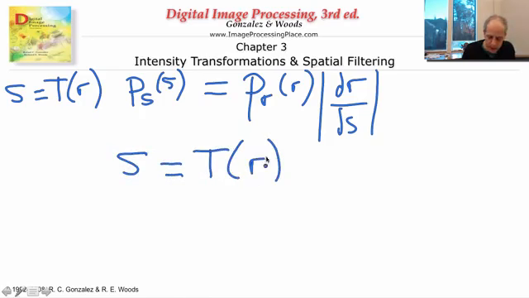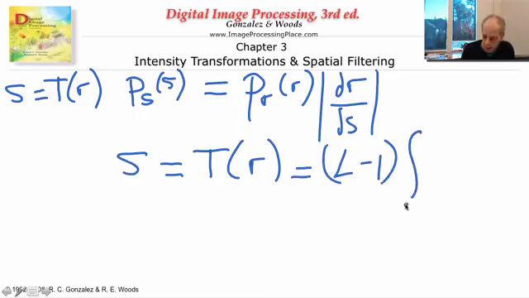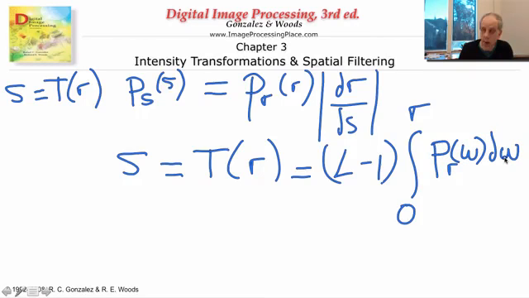So S is a transform. So from any pixel value, I will get a new pixel value. And let's write it as L minus 1 times the integral from 0 to R, and I'm going to explain the interpretation of what I'm writing in a second, of the current histogram or current probability distribution, P_R(w) dw.